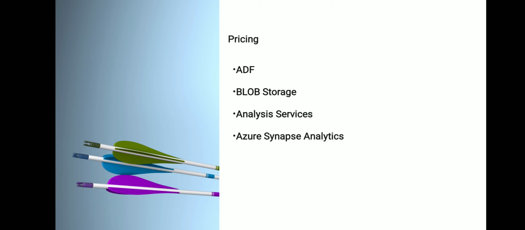analysis. For Analysis Services, generally when you do a POC, it is recommended that you use an evaluation version, but there are other tiers which are basic and standard. Basic is recommended for a small production environment, and the standard tier is for mission critical production workloads. And no charges apply when you pause your instance.